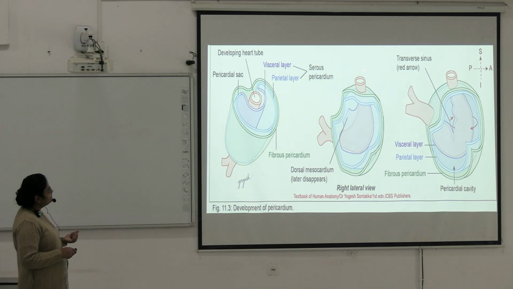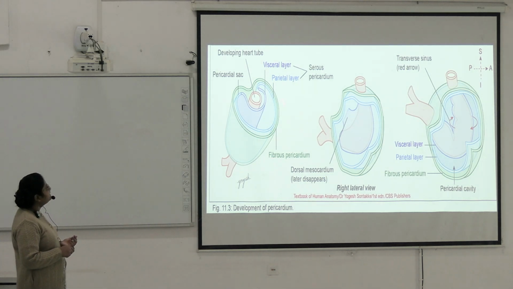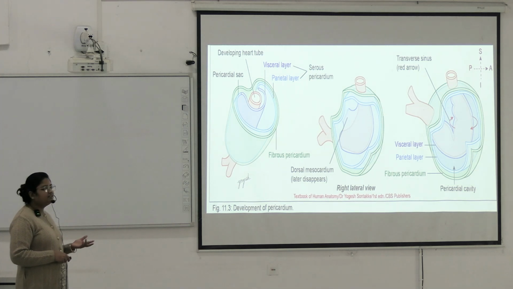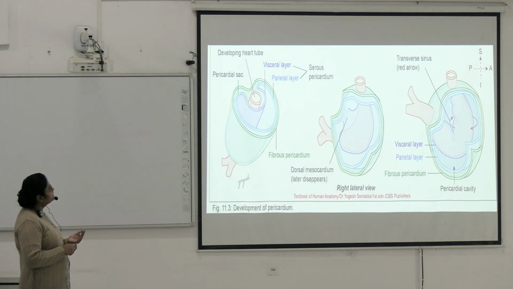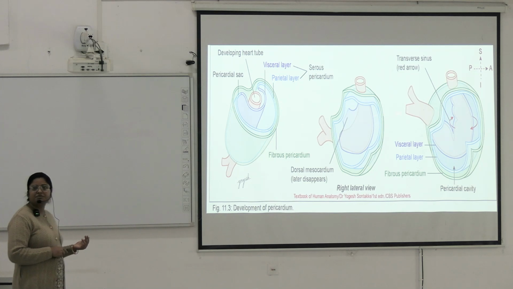You can see this heart tube is folding on itself and projecting into the pericardium. That's how the visceral and parietal layers are formed. See this, all the chambers are developing, two atria and two ventricles. This folding of the heart tube occurs, projecting into the pericardial cavity from the posterior aspect.